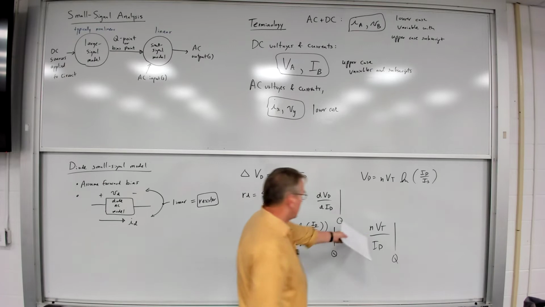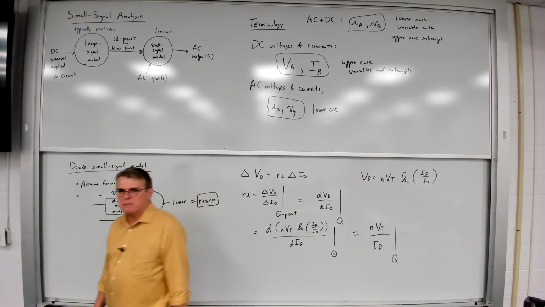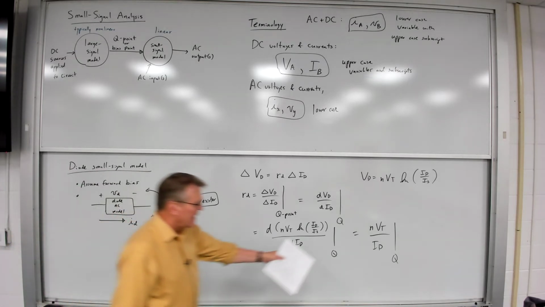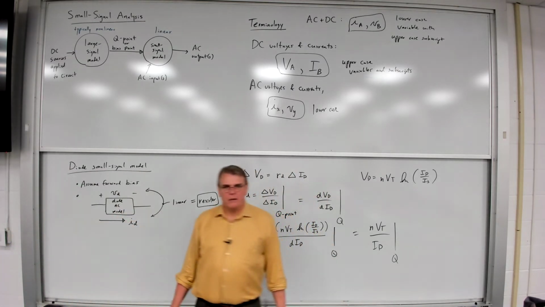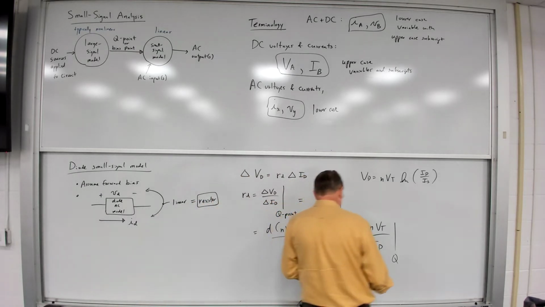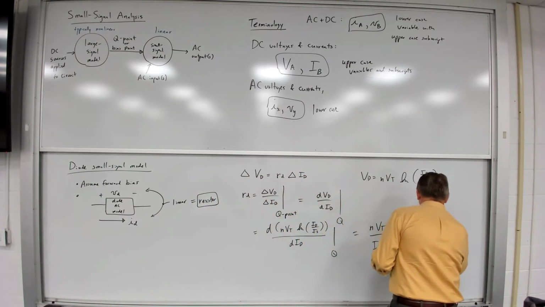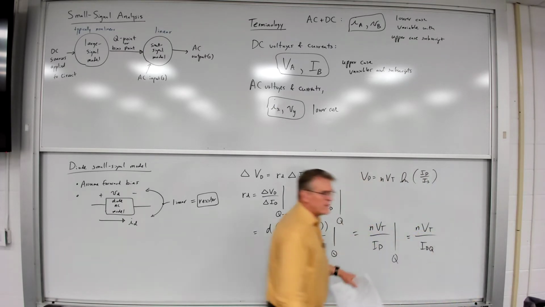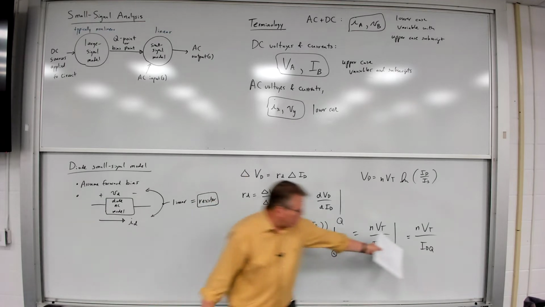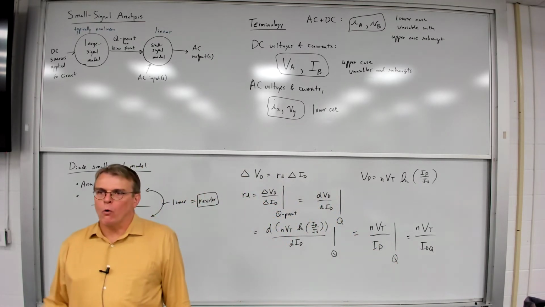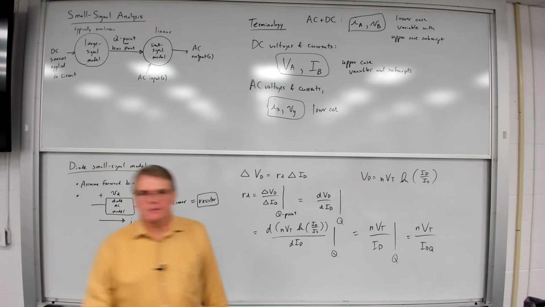That derivative evaluates to N times VT divided by ID at a particular Q point. In other words, it's equal to N times VT divided by IDQ, the quiescent DC current or the DC bias current.